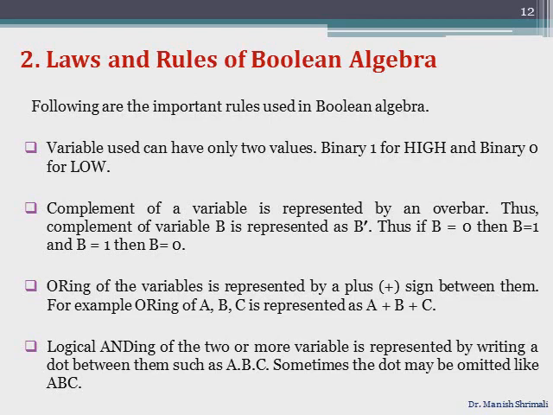Next, ORing of the variables is represented by a plus sign between them. As you can see, we have the variables a, b and c. ORing means we just place the plus sign in between the variables.